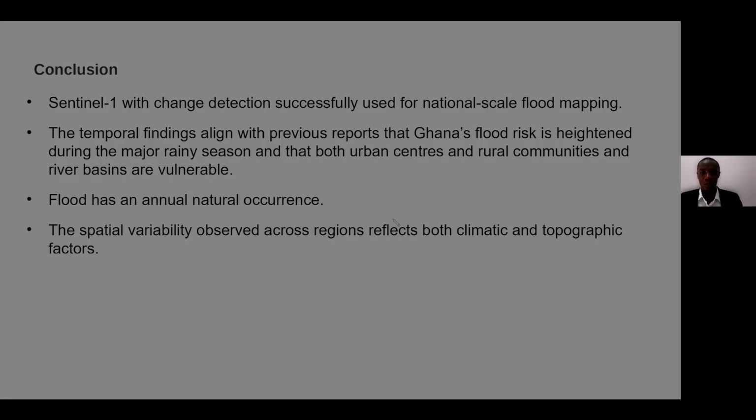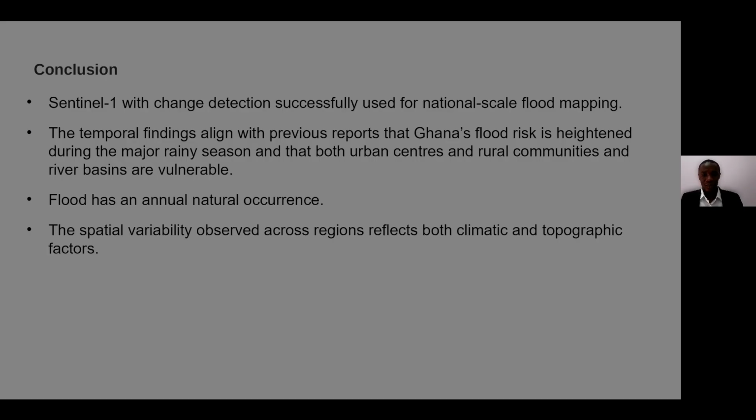Now, to conclude the work, we successfully used Sentinel-1 to map flood on the national scale, and the temporal profile of rainfall that we observed aligned perfectly with the weather pattern of Ghana, and the flood that was detected also fell in the wet season of Ghana.